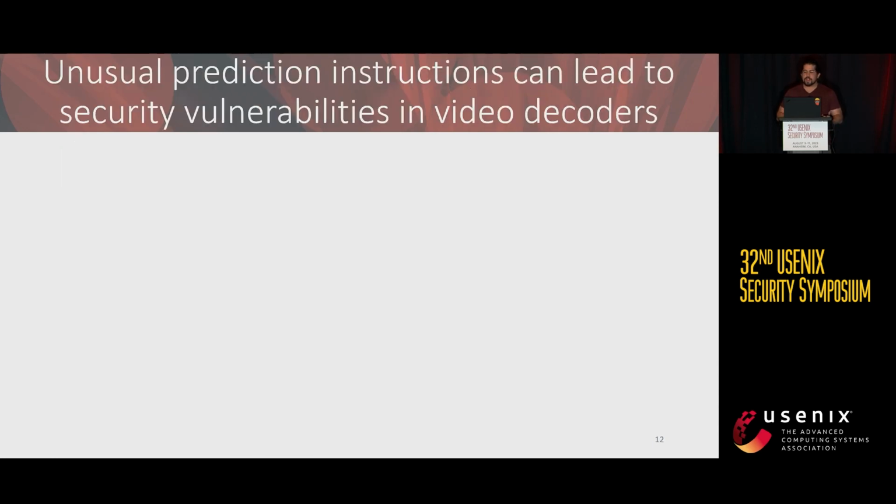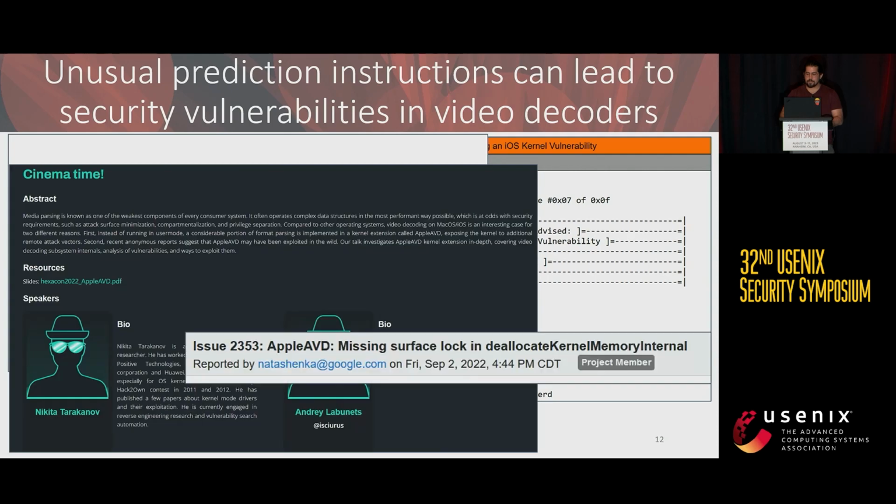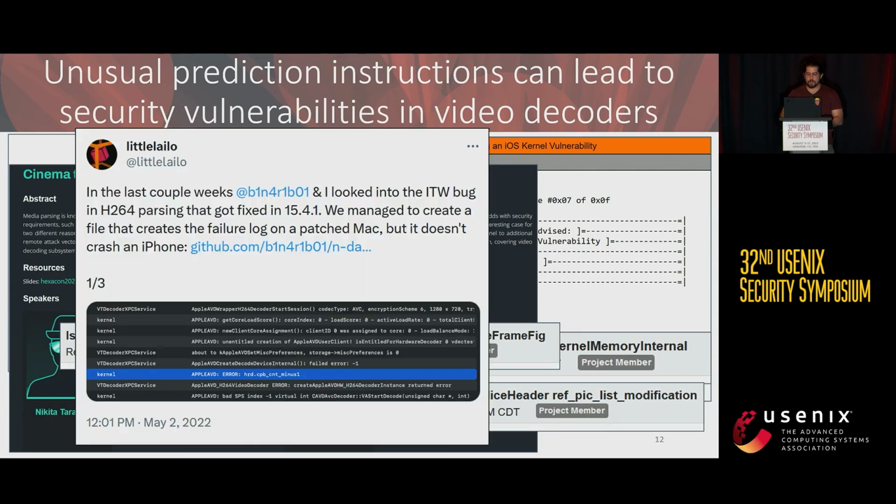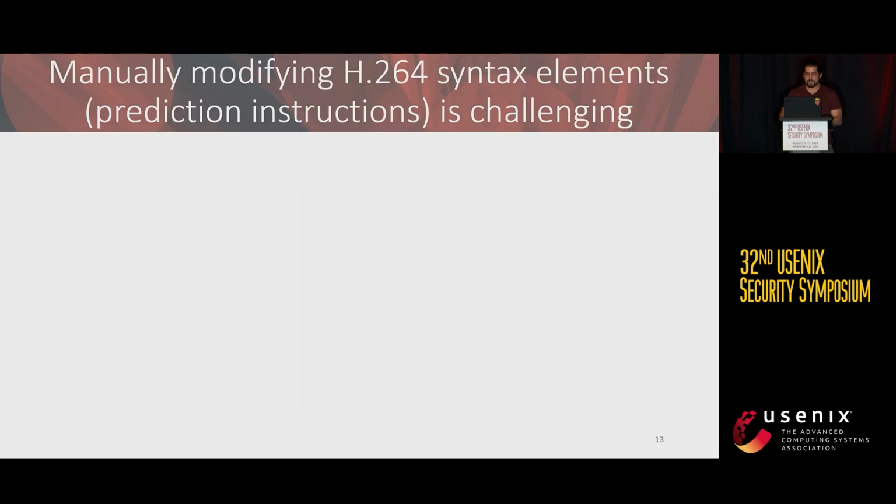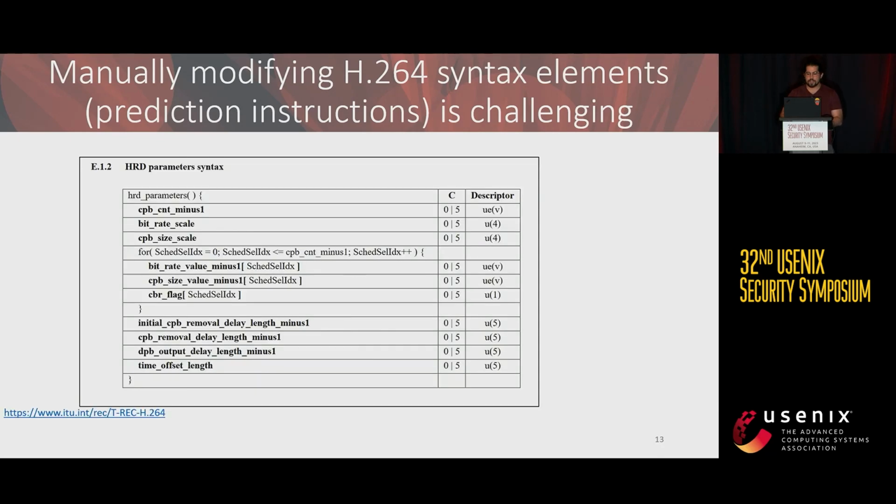So from a security context, it turns out that unusual prediction instructions can lead to security vulnerabilities in decoders. And here is a collection of previous work showing H.264 decoder vulnerabilities. So how can we produce videos with unusual prediction instructions? Here's a screenshot from the H.264 spec showing what syntax elements look like.